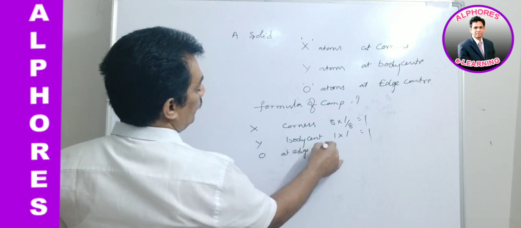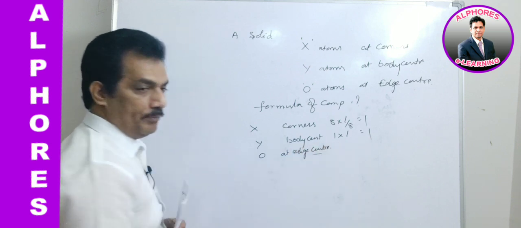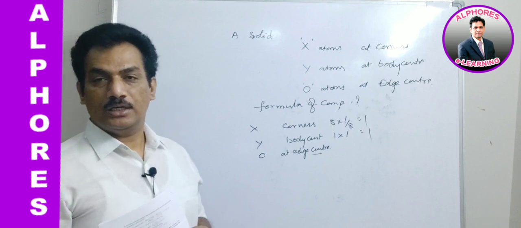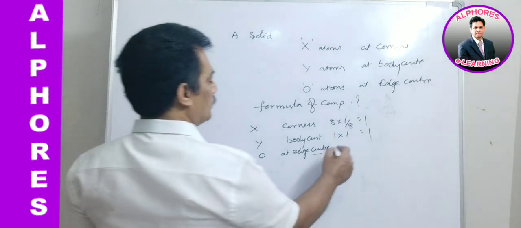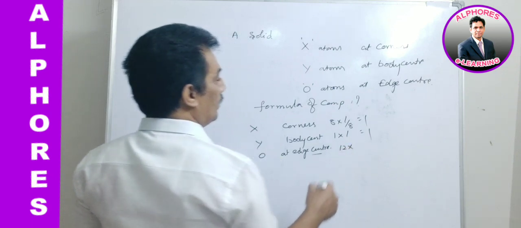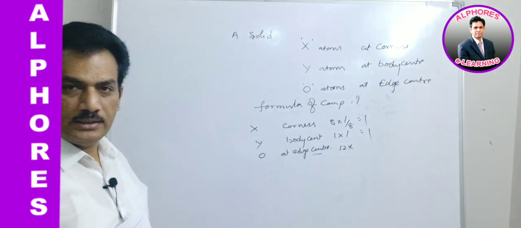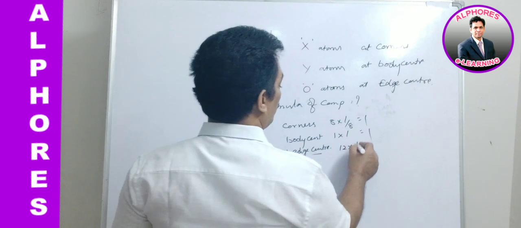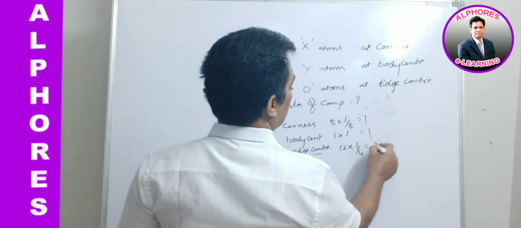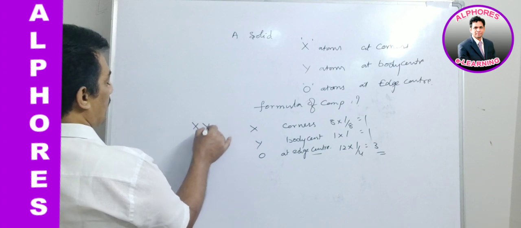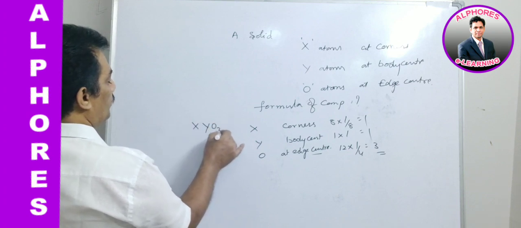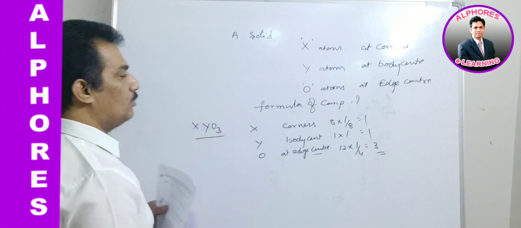How many edge centers can we assume for a cubic unit cell? 12. So 12 into the contribution of each edge center, 1 by 4. So this comes to 3. That means XYO3 is the formula of the compound.